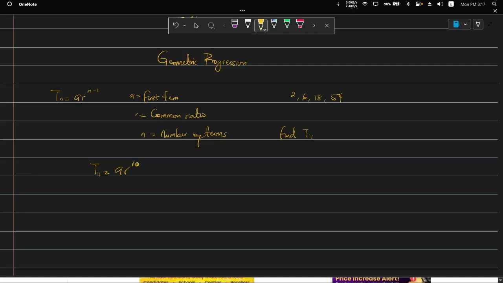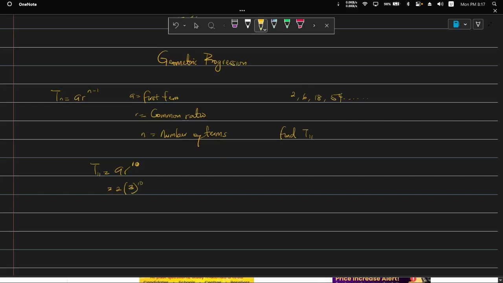Does it make sense? And what is our A? Because this is not the end of the progression, our A here is 2. What is our common ratio? 6 divided by 2 or 18 divided by 6 or 54 divided by 18. You get 3 to the power of 10.